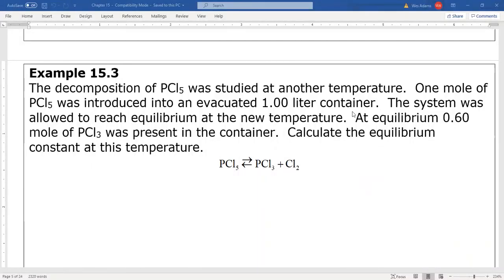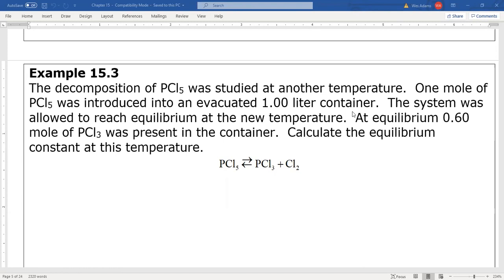All right, let's say we look at PCl5 at some new temperature, new situation, so the equilibrium constant will be different at the new temperature because equilibrium constants are temperature dependent. But in this case, we just put in 1 mole of PCl5 into a 1 liter container. So we're talking about a 1 molar concentration.